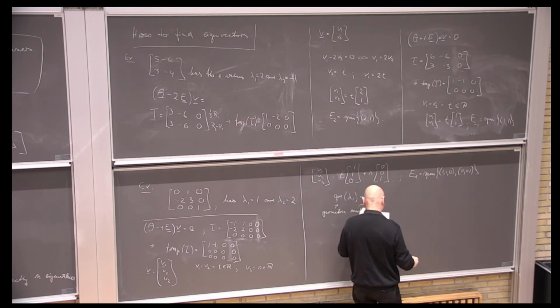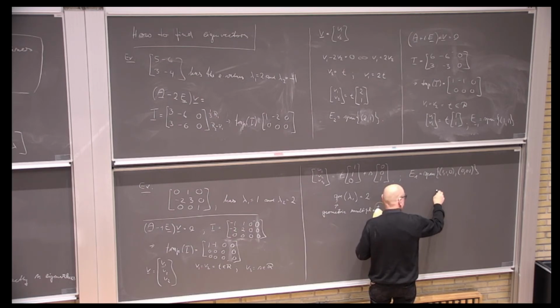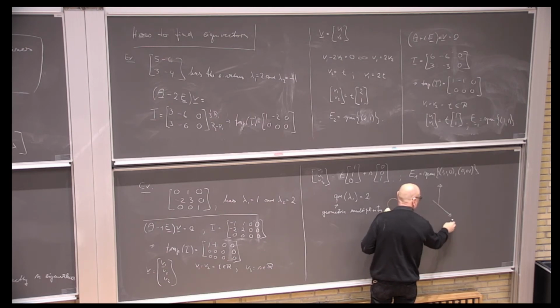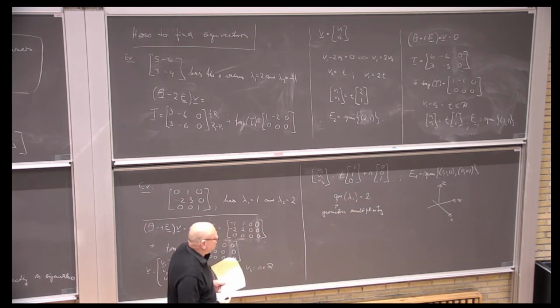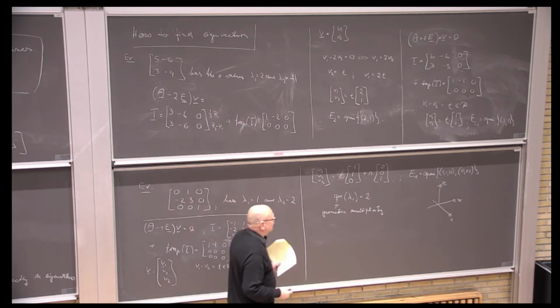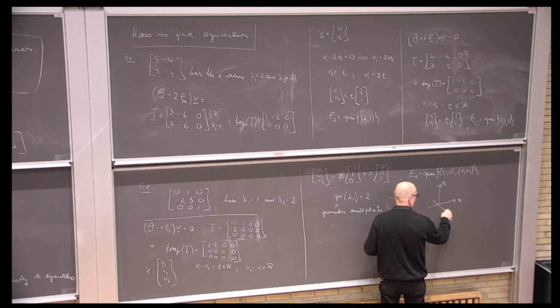Let me try to illustrate this. You have, say, x, y, z here. And let's draw these two vectors here. You have 1, 1, 0.